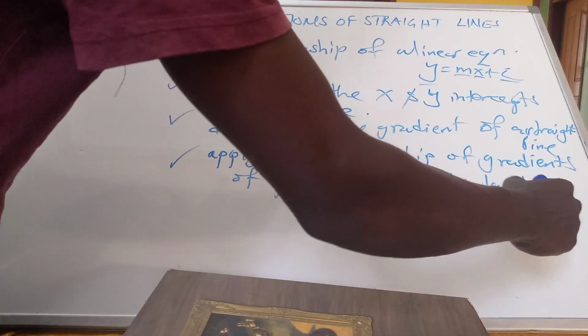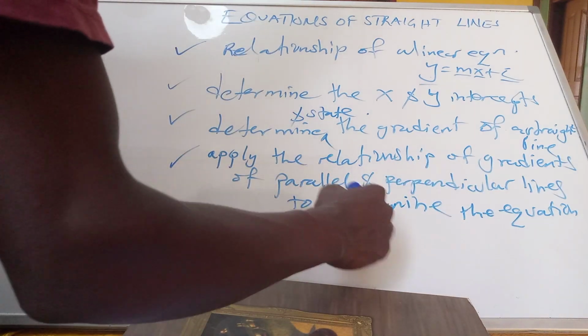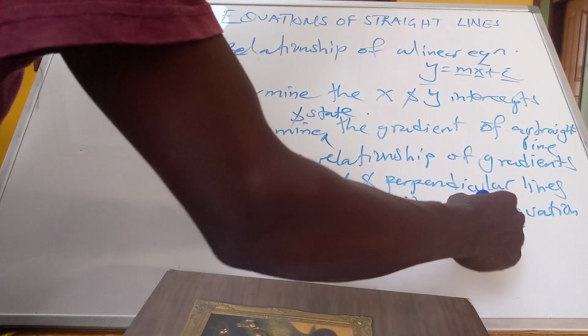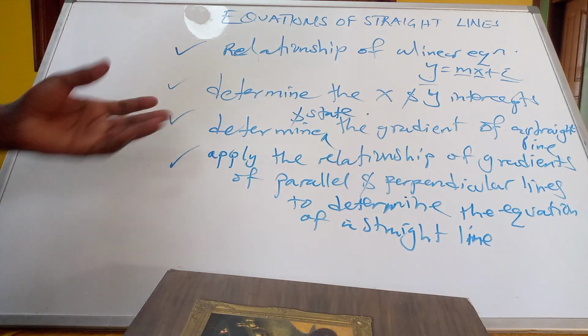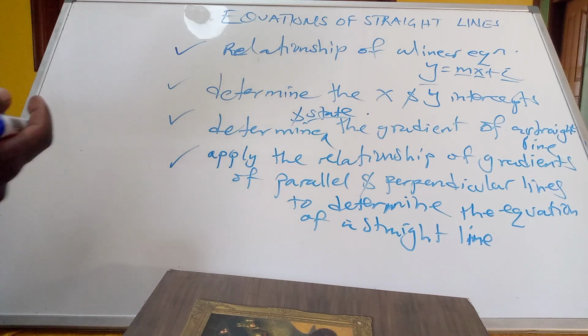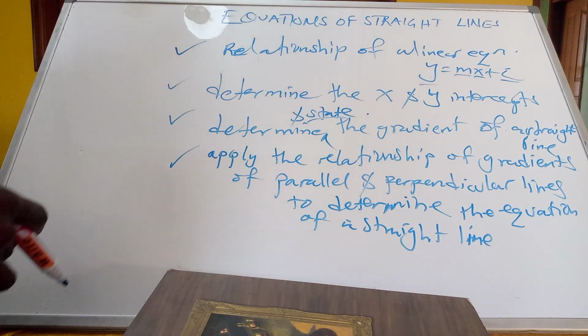Meanwhile, these are the 4 compressed learning outcomes that we should know by the end of our topic. Mainly, we are going to start with determining the gradient of a straight line given the points.